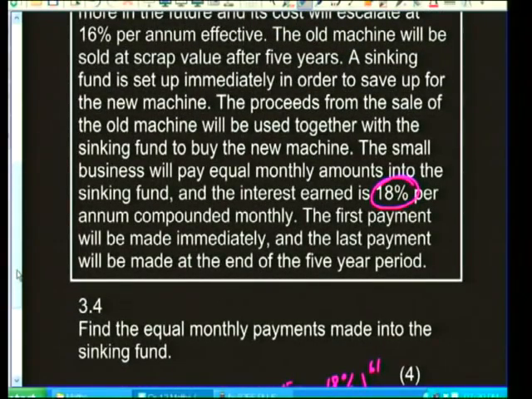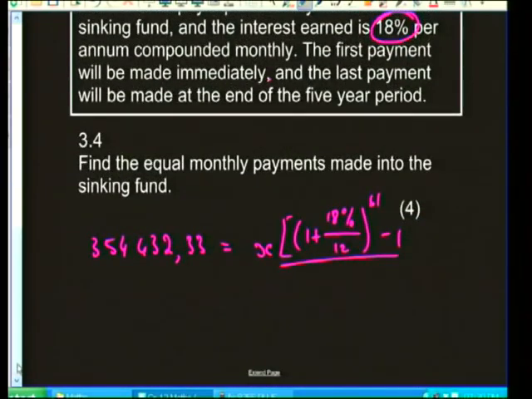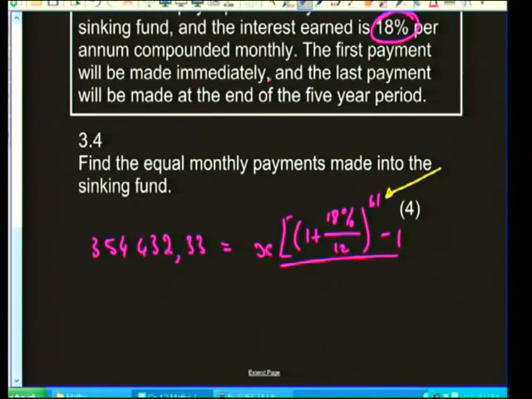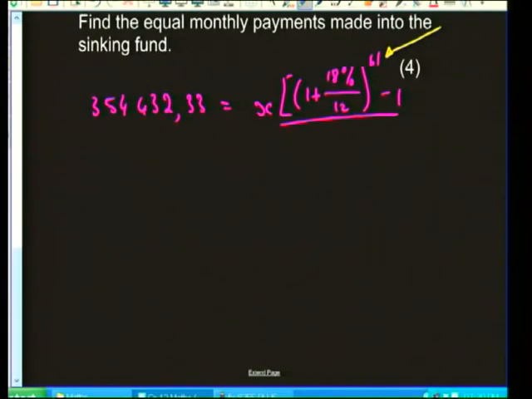Okay, so here we go. The first payment will be paid immediately, and the last payment will be paid at the end of the 5-year period. So I've written the number 61 over there. And some of you are going to wonder where that came from. So let me just run a quick timeline. Here I go, and I put away my first X. And after the first month, I put away my next one.